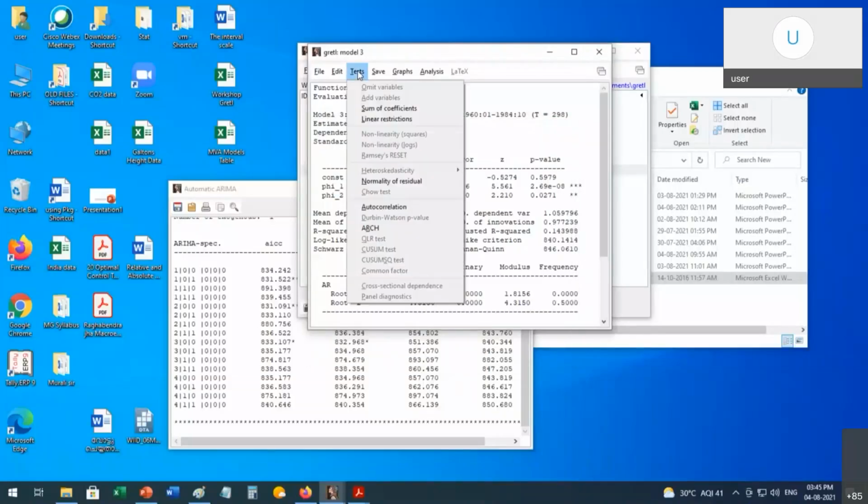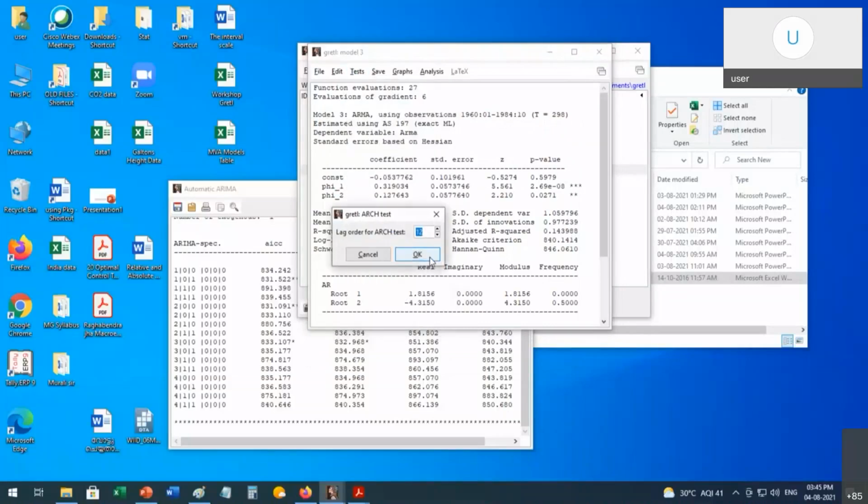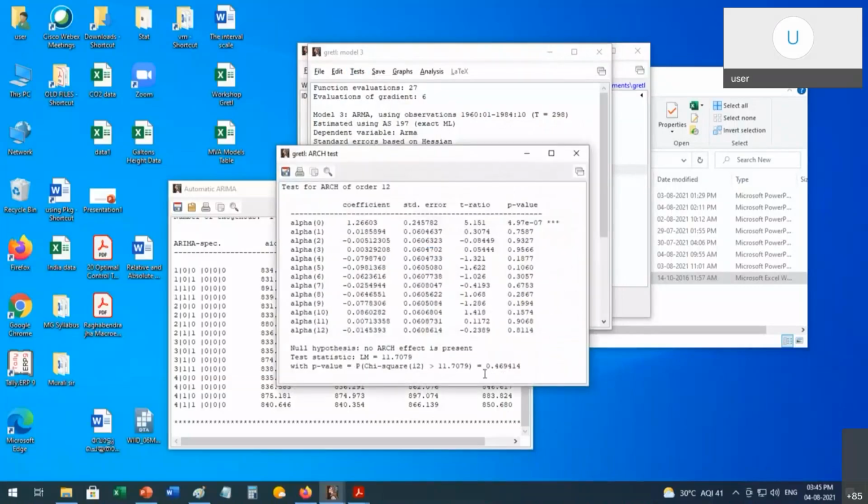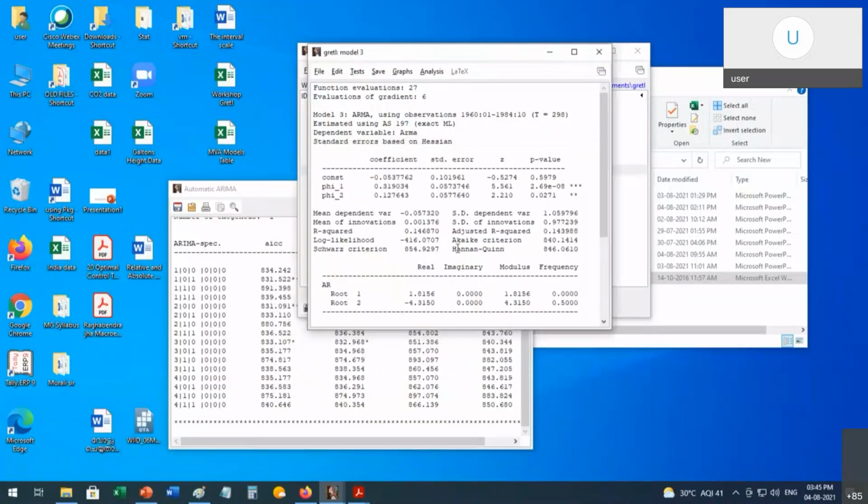Then we have ARCH, lag 12. The p-value is 0.647. There is no problem. So the model is adequate and significant. Got it?